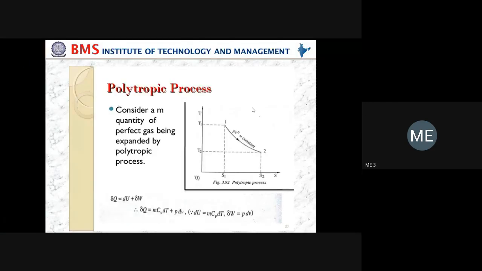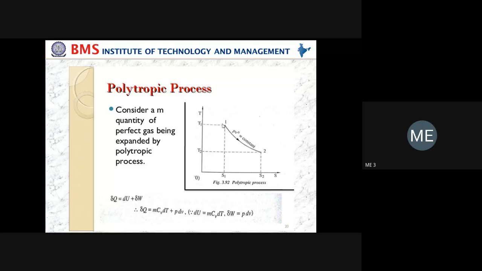Okay, this is the polytropic process. Today we are going to derive the expression for entropy change during the polytropic process. Meantime, you should know the nature of the curve of the polytropic process in the TS diagram. Here the y coordinate indicates temperature and the x coordinate indicates entropy.